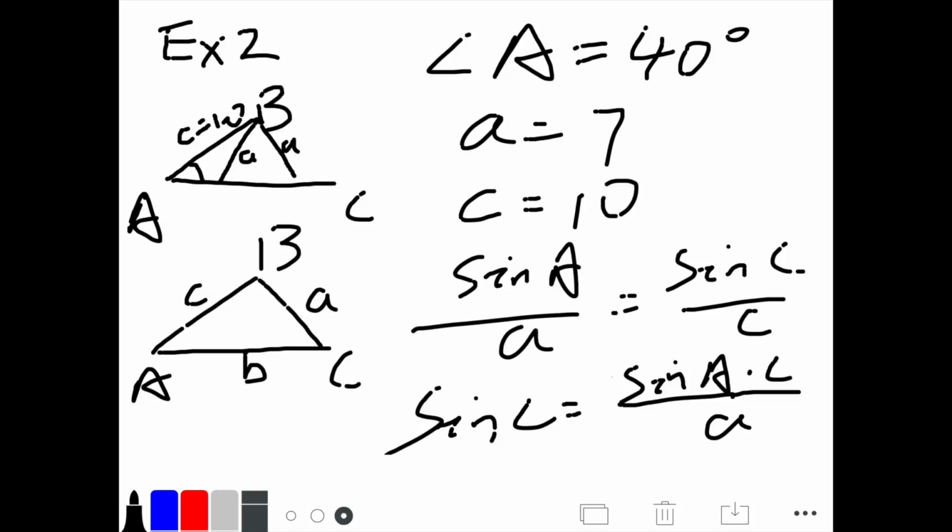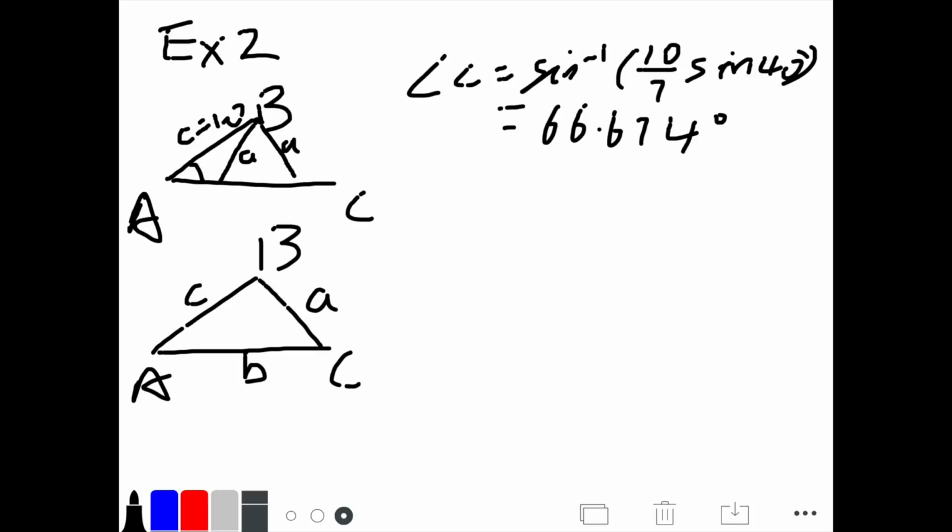So we get C equals sine inverse of c over a times sin A, which is 66.674 degrees.